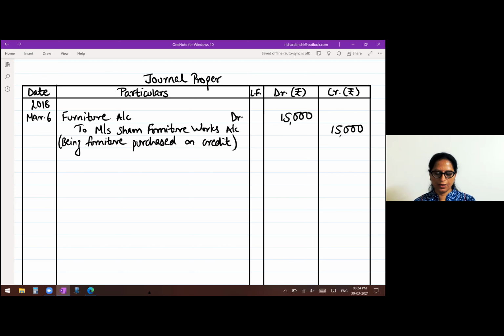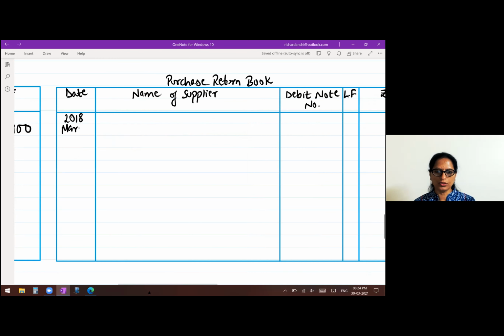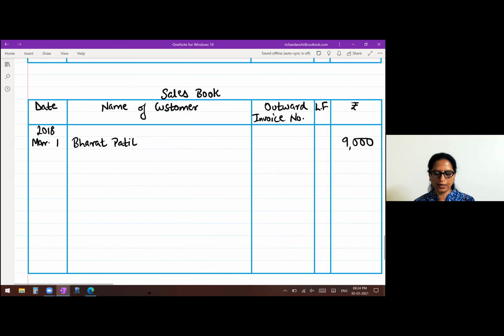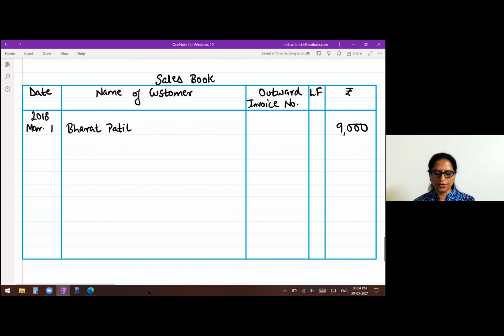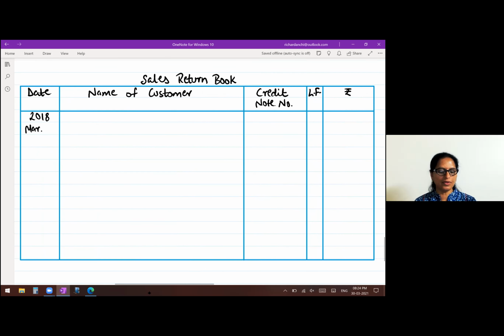Seventh, Bharat Patil returned 20% of the goods bought by him on 1st March above, and we gave him fresh goods in exchange. So see there, you had sold goods, the first transaction to Bharat Patil. Now he is returning 20% of them. So you will write in the sales return book, date is 7.